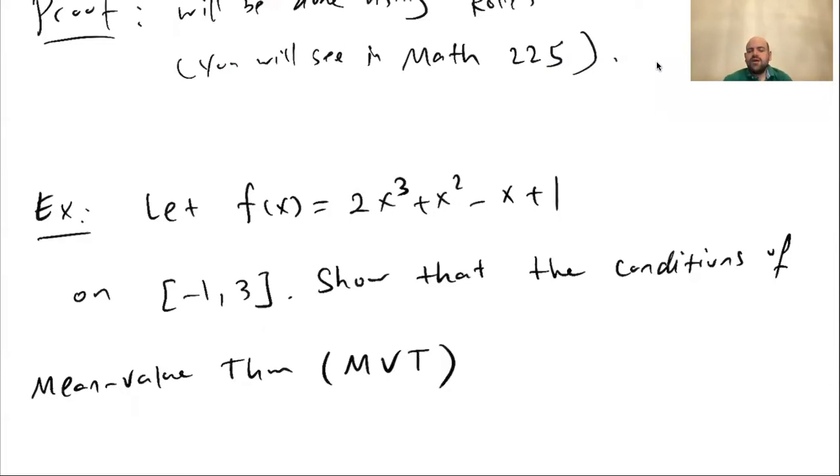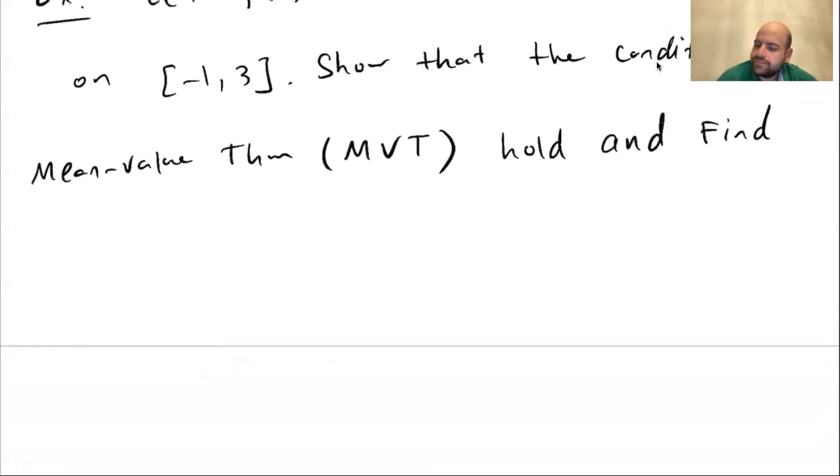In Math 114, if your instructor talks about MVT, it means mean value theorem. So show that the conditions of MVT hold, and find the value or values of c.